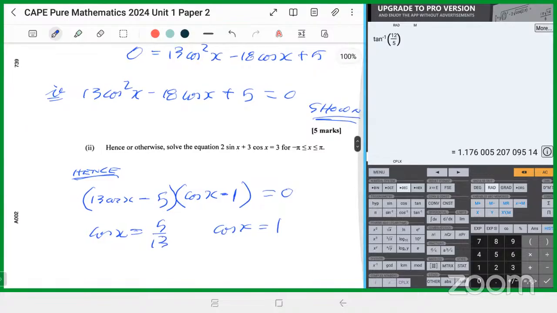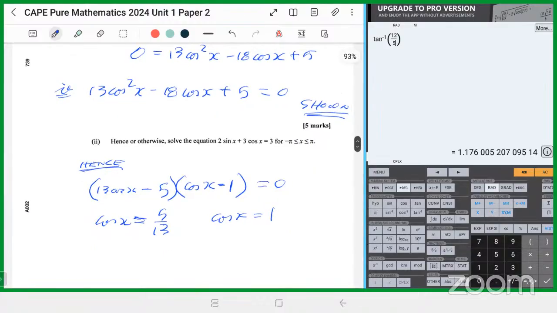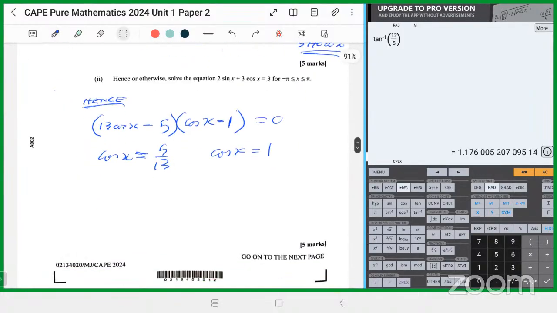And we're trying to find values in this range. So how do I do the negative range? Sometimes you can find positive values and then subtract 2 pi. But cos is a nice function. But let me just shift this around a little bit. Run out of page space.